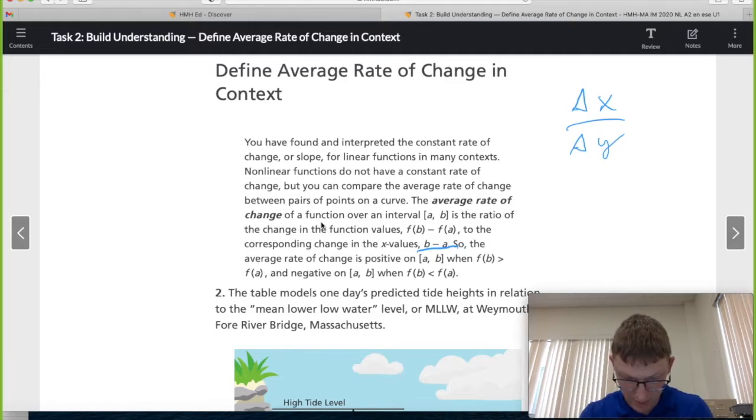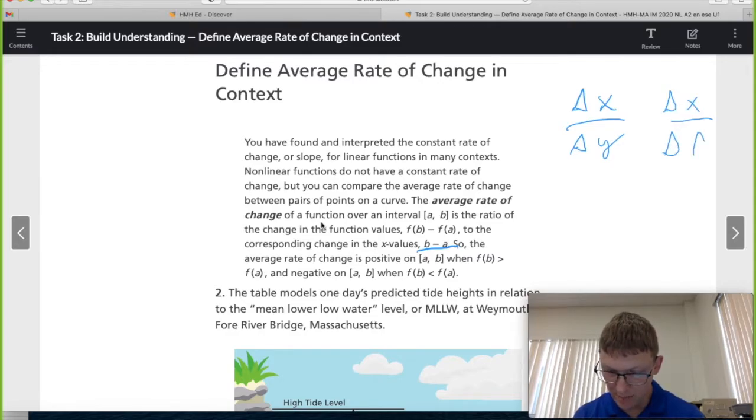So the average rate of change is positive on a to b when, okay, blah, blah. So it is the ratio of the change of the function values, f of b minus f of a, to the corresponding change in x values. So they're saying instead of change of y, they're going to do change in f of x over change in x, which is probably a little bit better way of saying it, but whatever.